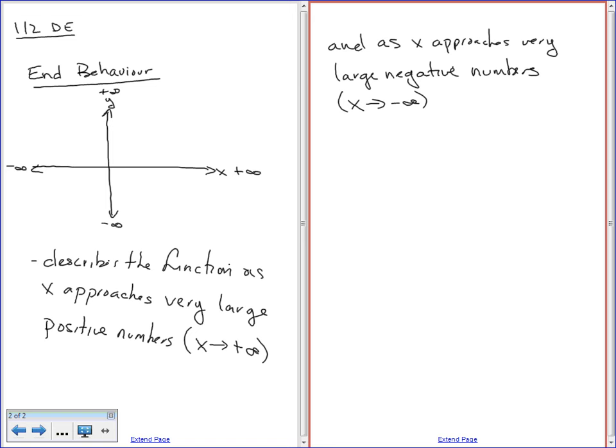So we'll just do a quick example. Hopefully describing the end behavior given a graph is going to be pretty straightforward. Okay? Describe the end behavior. But ultimately what we want to be able to do is to describe the end behavior of functions when you're not given a graph, you're only given the equation.